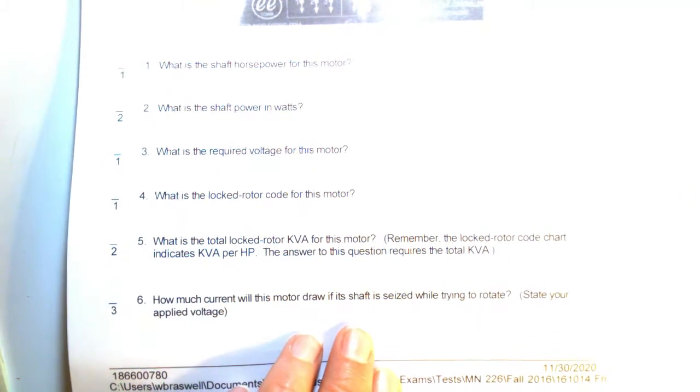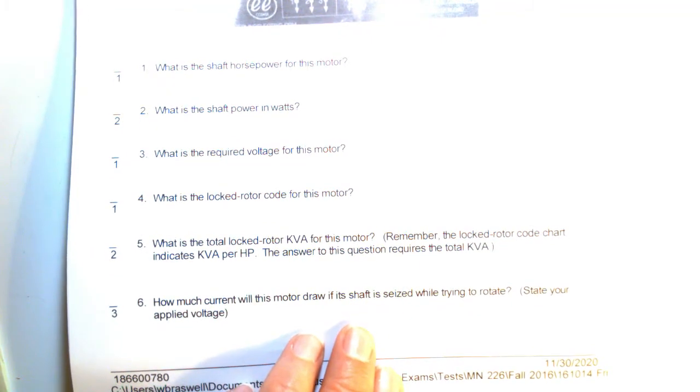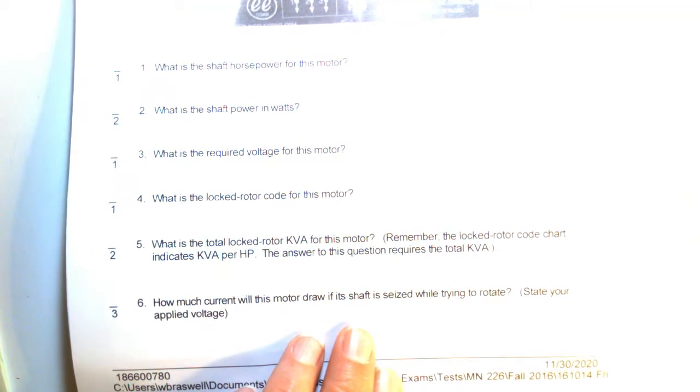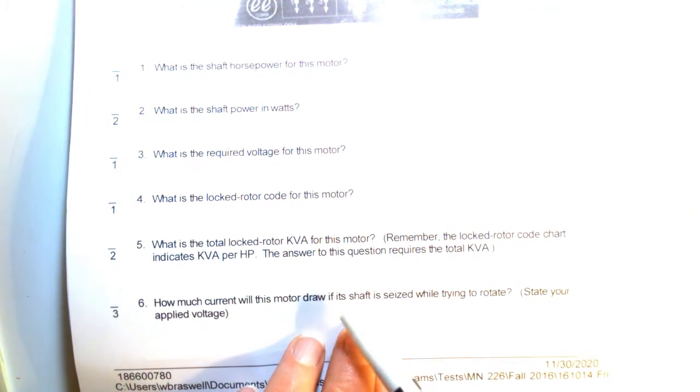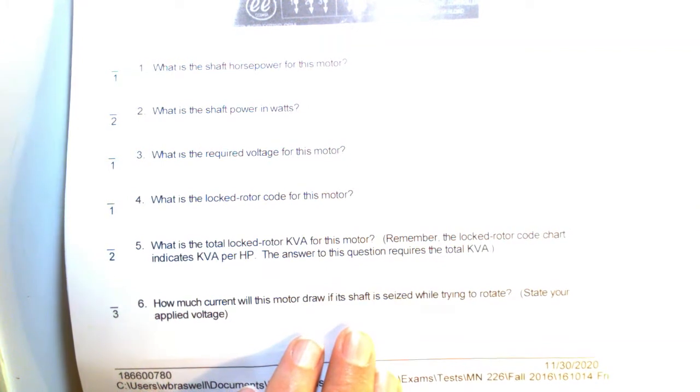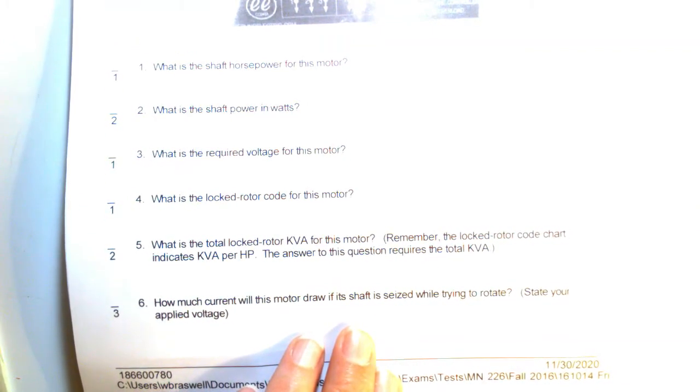Okay, question number 6. How much current will this motor draw if its shaft is seized while trying to rotate? Now then, remember this motor has 2 operating voltages, 230 volts and 460 volts.